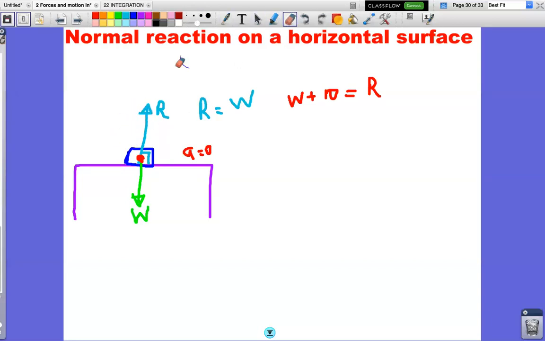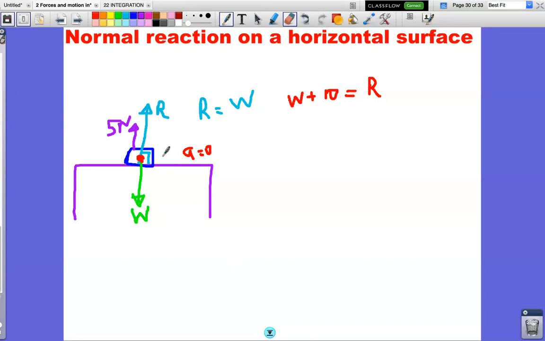Let's say instead of pushing on the book now, you try to pick up this book. You try to lift up the book with a certain force. Let's say you apply a force of 5 newtons upwards. But the book does not lift up. It stays down. You apply this force, but the book still stays at its position.